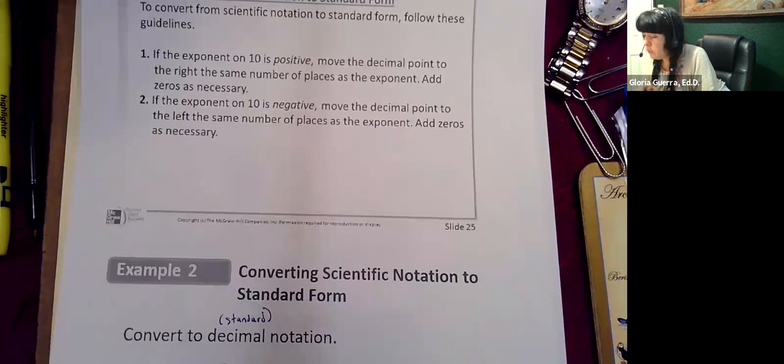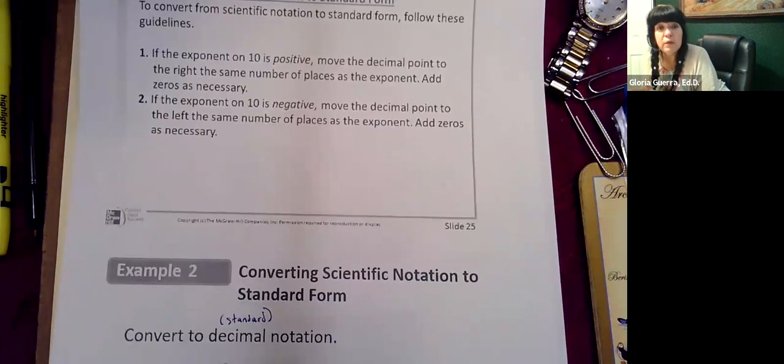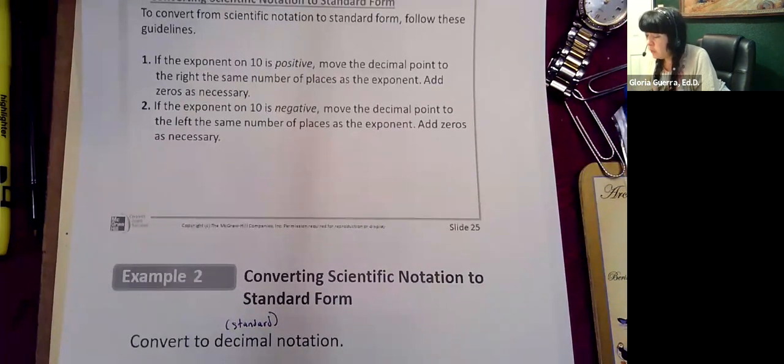So it says number one, if the exponent on 10 is positive, move the decimal point to the right the same number of places as the exponent. Add zeros as necessary.